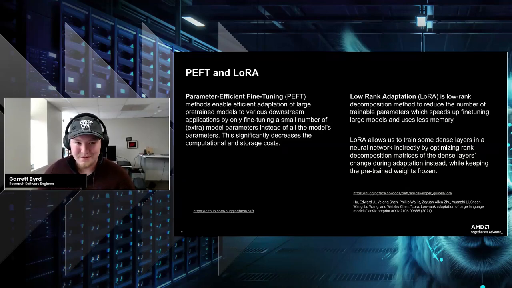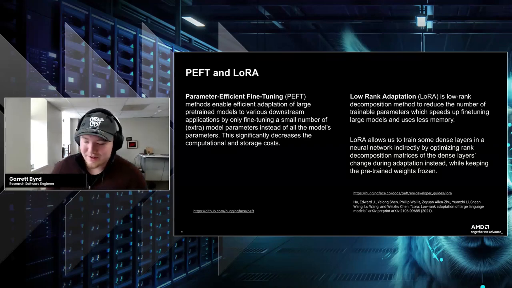So in the fine-tuning world of LLMs, there is a class of fine-tuning methods called parameter efficient fine-tuning, or PEFT. And essentially, the core idea of PEFT is that instead of retraining every single parameter of a model, you retrain a subset of these parameters. One of the more popular implementations of this is called LoRA, or low rank adaptation.